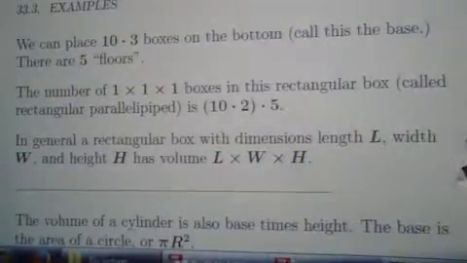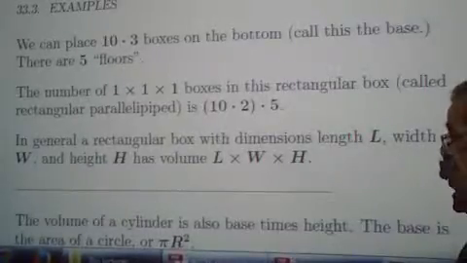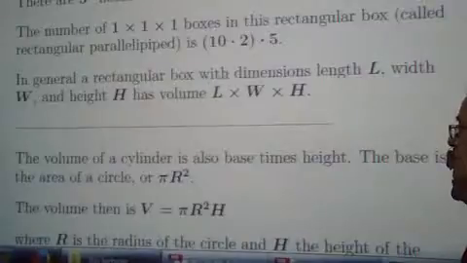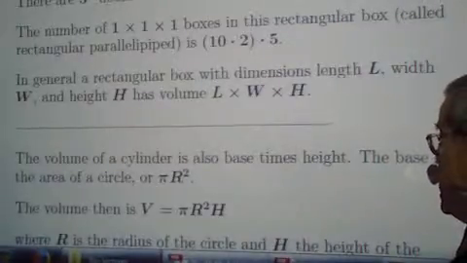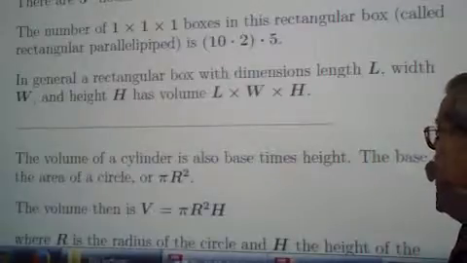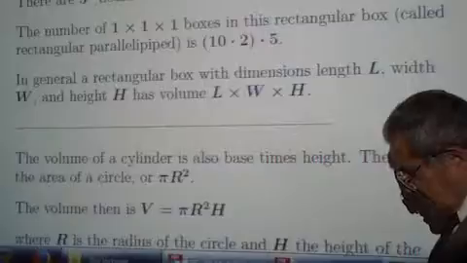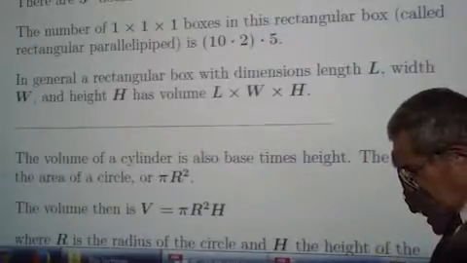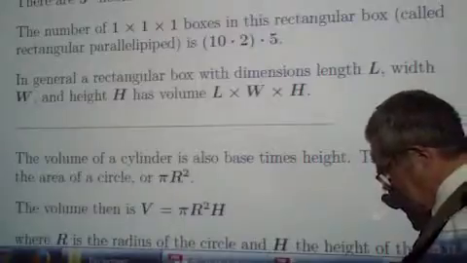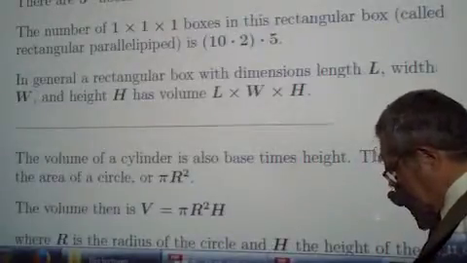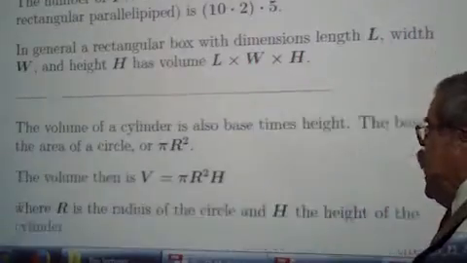Now, how about a cylinder? What's a cylinder? It's like a can of Coke. A vertical cylinder, a cylinder that looks like a can of Coke.